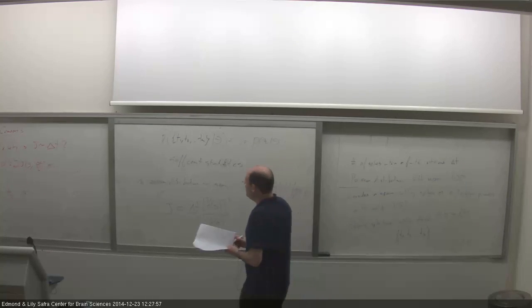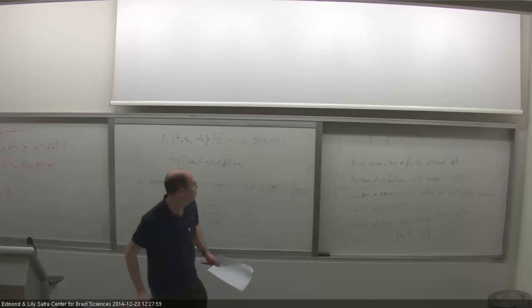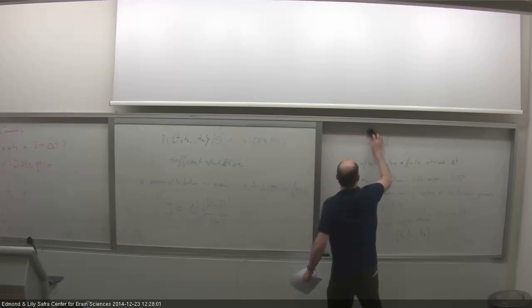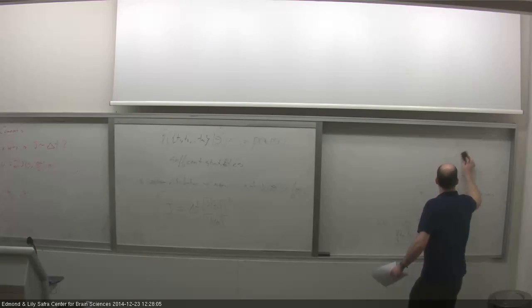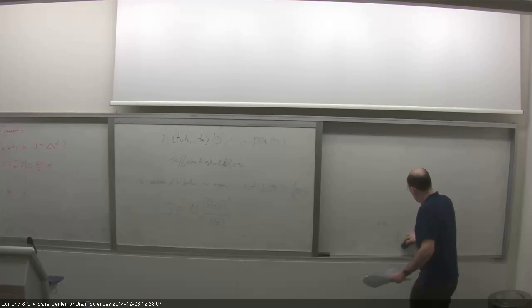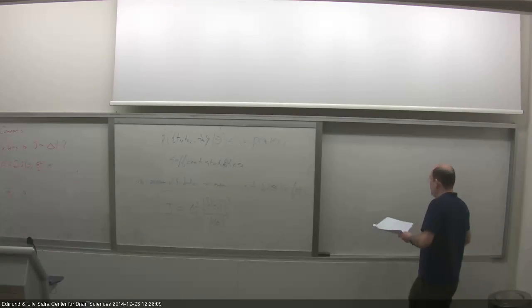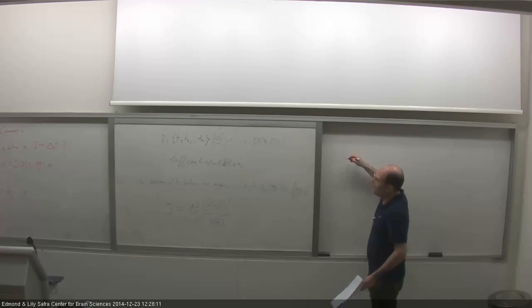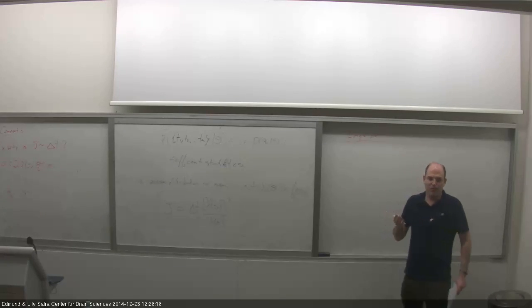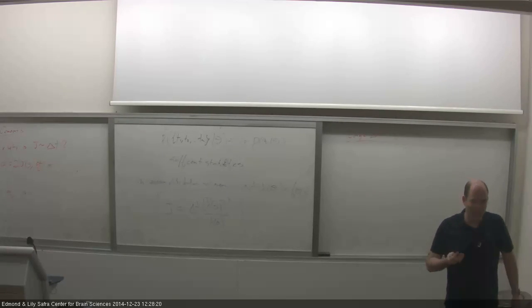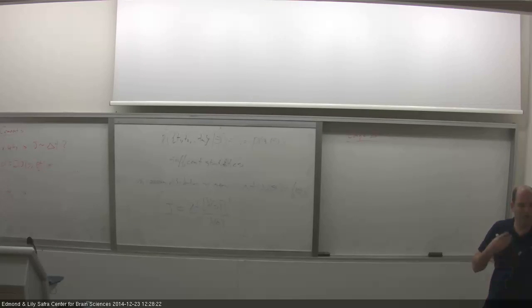Now, another comment is that based on the same arguments, if we go to a very large delta T, we can think of our observation as a combination of many independent observations.